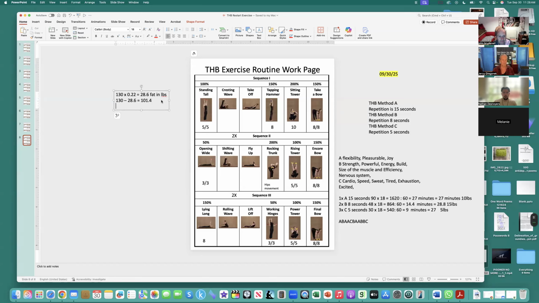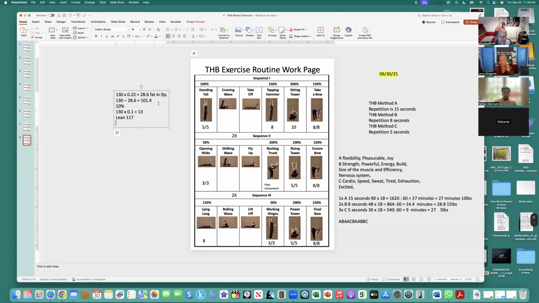Now, what you should be is 10%. So you should be 130 times 0.1 equals 13 pounds of fat, and lean mass is 117.